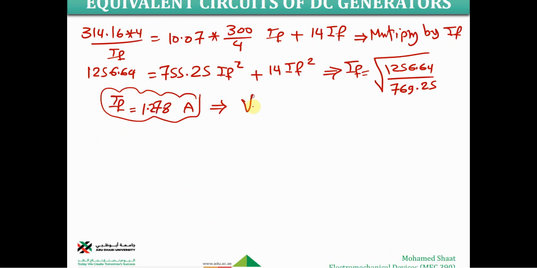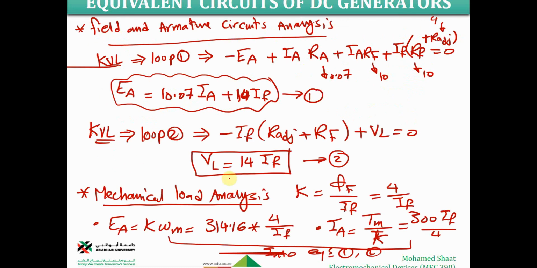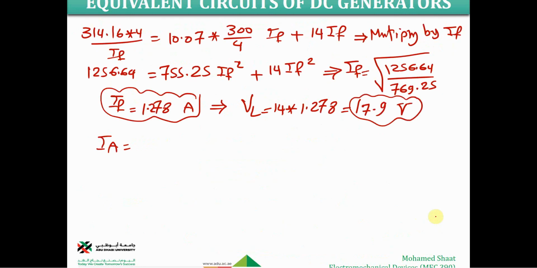So VL equals 14 times 1.278, which is going to be a very small value, times 14, 17.9 volts. This is going to be the output voltage, and then we have to calculate the armature current, which should equal 300 times 1.278 divided by 4.